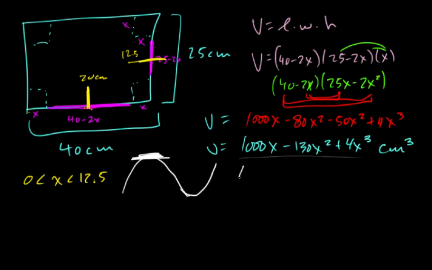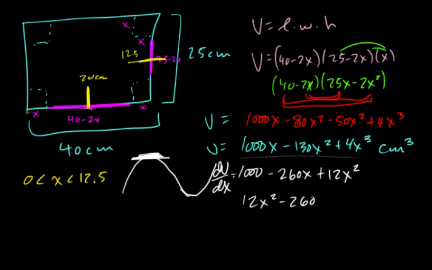So if we do dV/dx, we get 1000 minus 260x plus 12x squared. I'm going to rewrite the order on that: 12x squared minus 260x plus 1000. If we take out a 4, we'll be left with this.